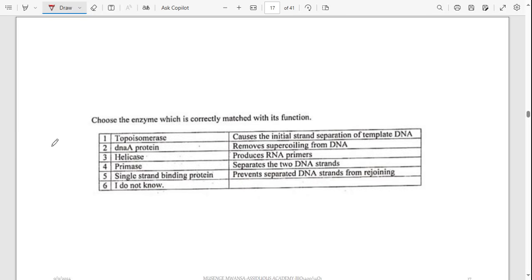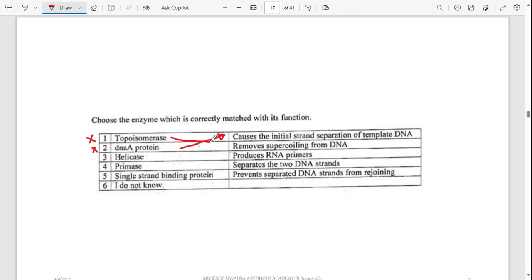Choose the enzyme which is correctly matched with its function. Topoisomerase causes the initial strand separation of DNA? No. Topoisomerase removes supercoils. Let's do matching. Helicase causes the initial strand separation.